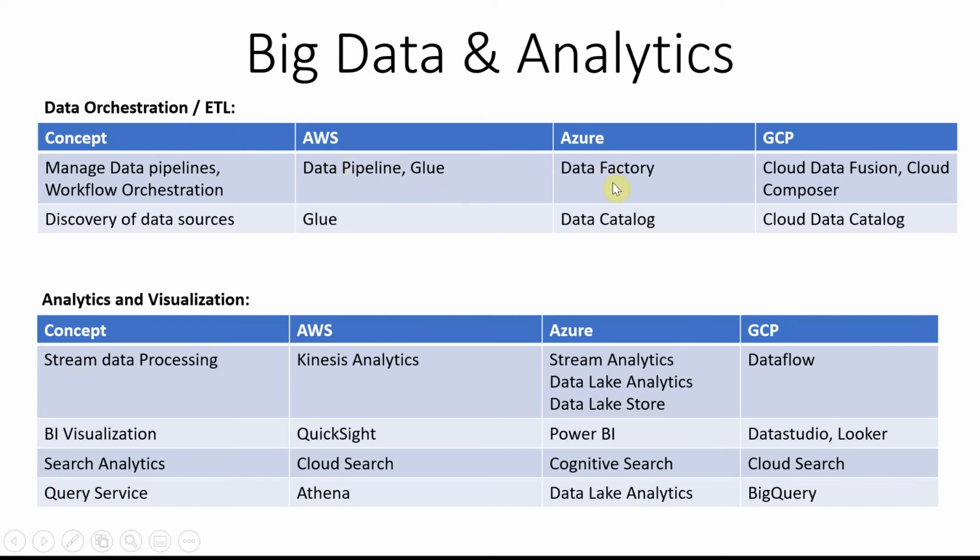And in Azure space it is Azure Data Factory, and in GCP it is Cloud Data Fusion or Cloud Composer. So especially in this space, you can create pipelines with connectors to various storage options within GCP, and also it has connectors to fetch the data from on-premise as well.